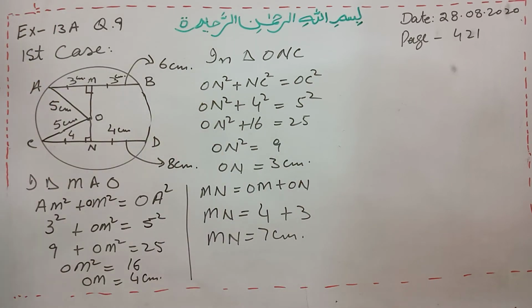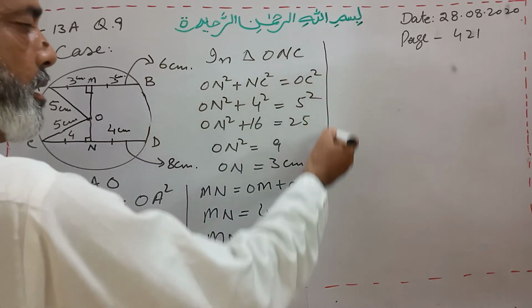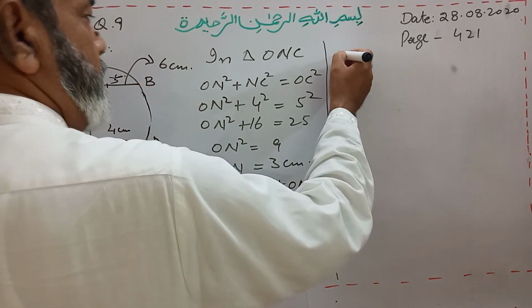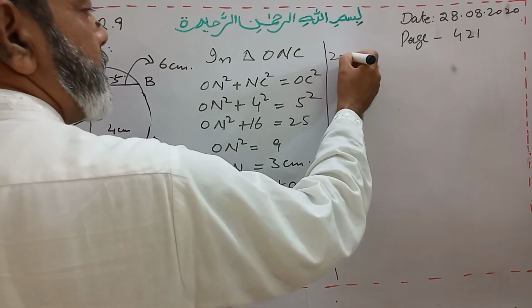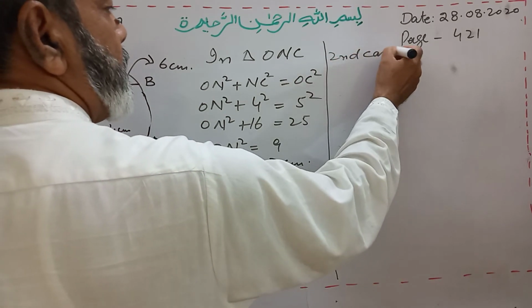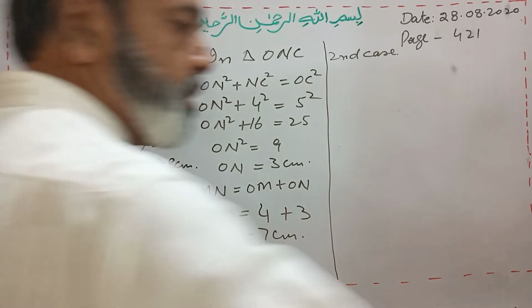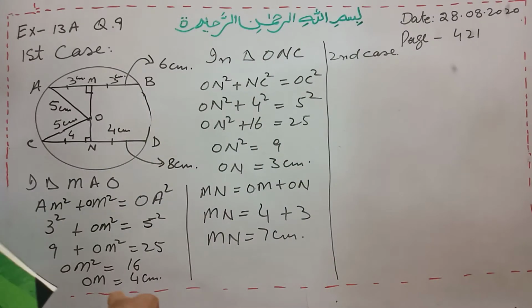Now in the second case, the chords are on the same side of the center of the circle.